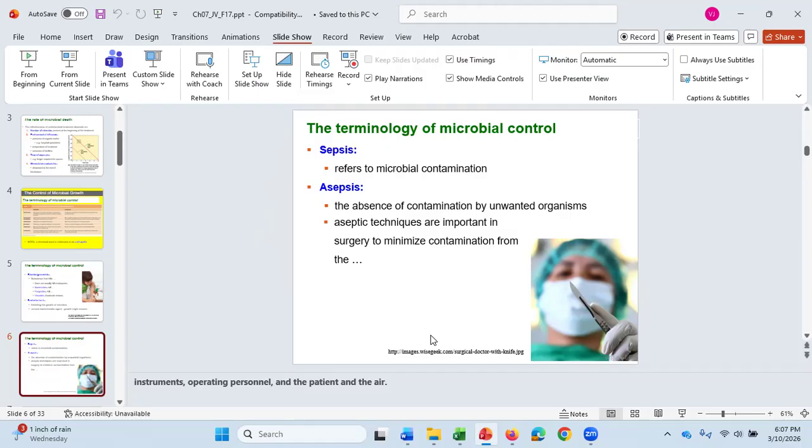Different hospitals usually will post this information. It's especially true of hospitals that only allow visitors who have been vaccinated against a certain disease or something like that.